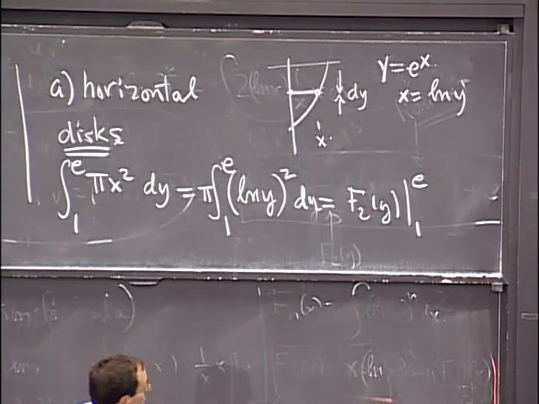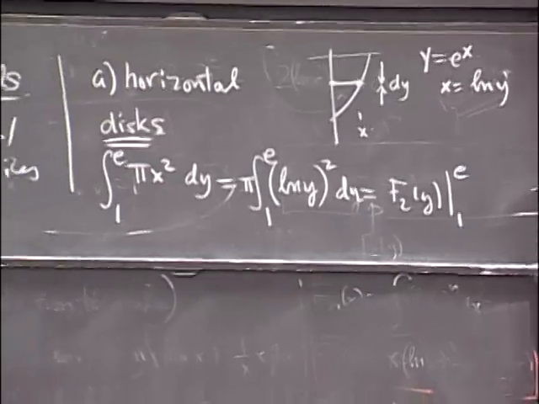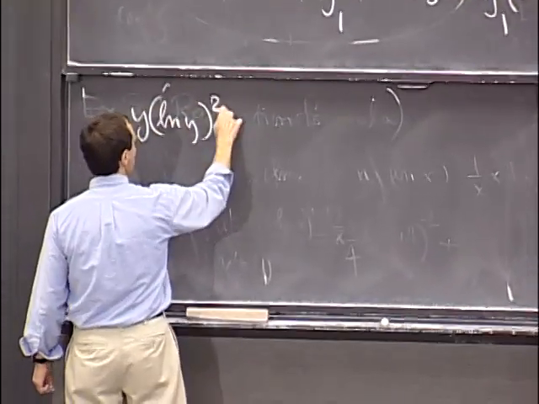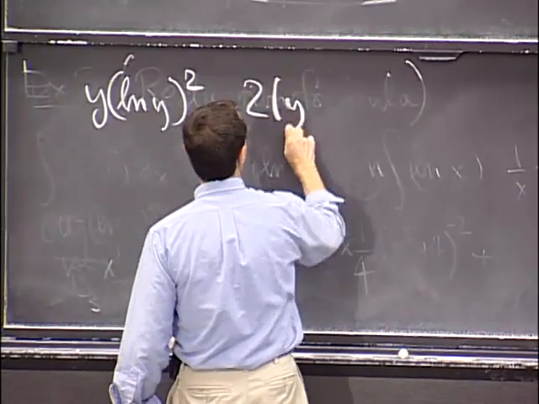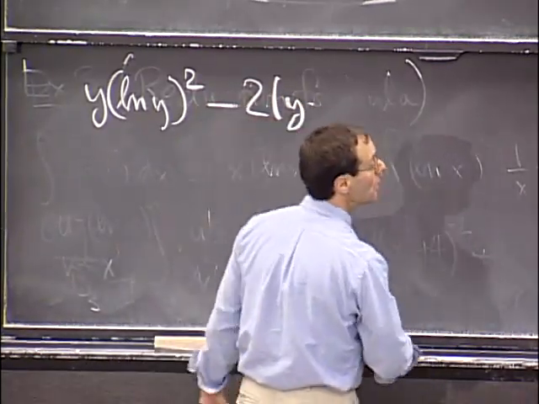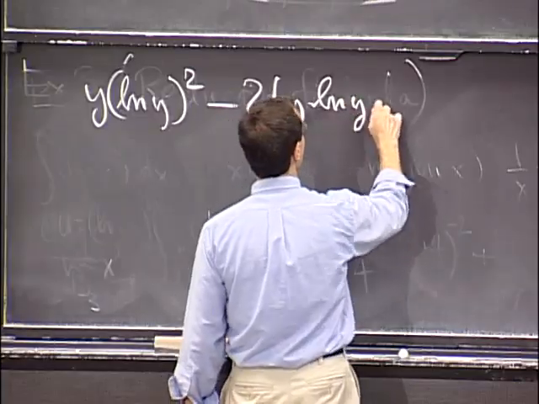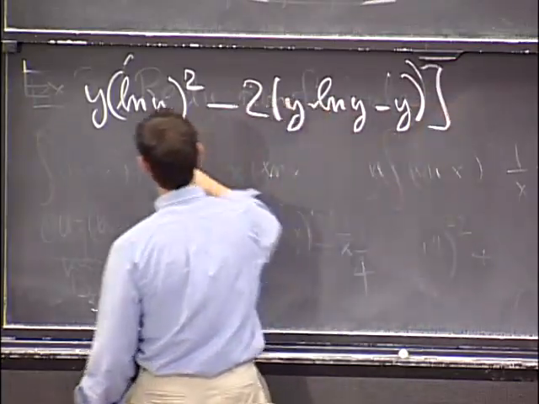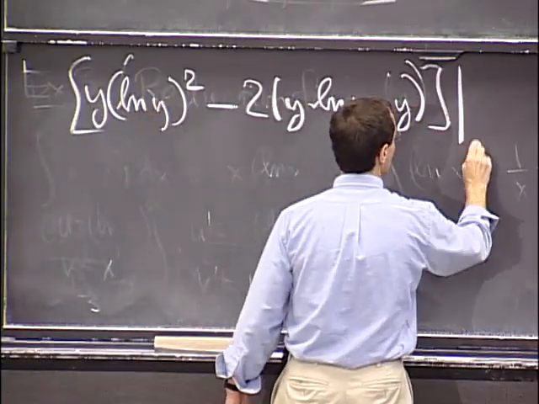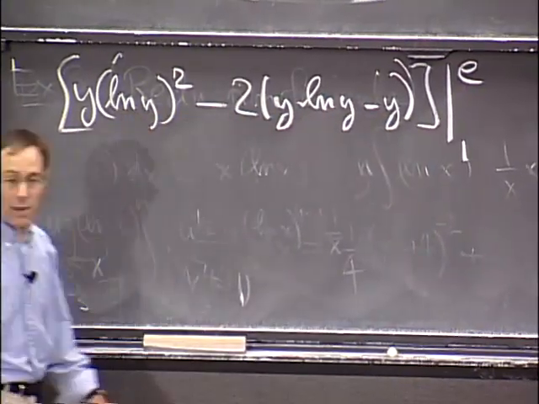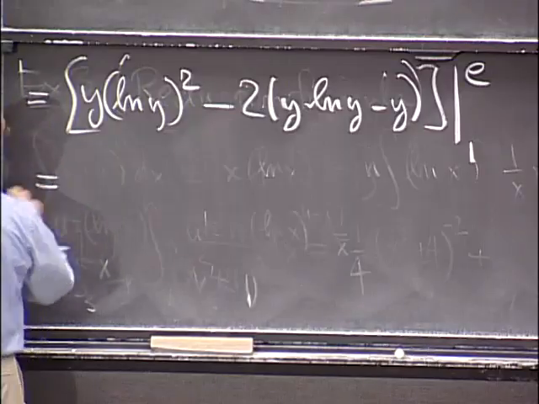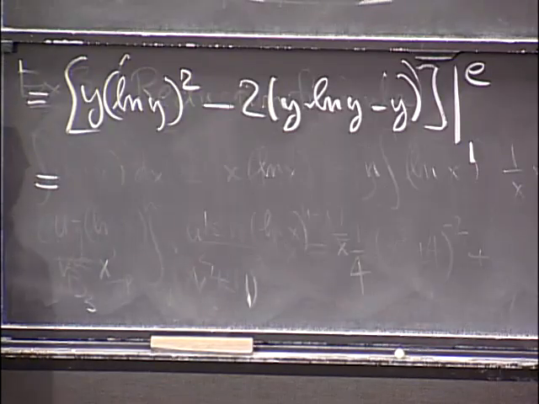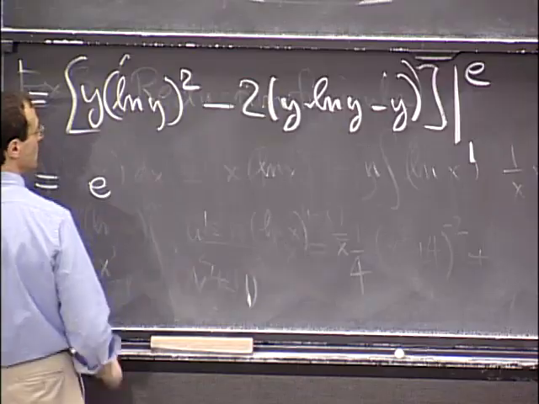It's written over there. It's y log y squared minus 2y log y minus y. The whole thing evaluated at 1 and e. All right. And that is, if I plug in e here, I get e, right?